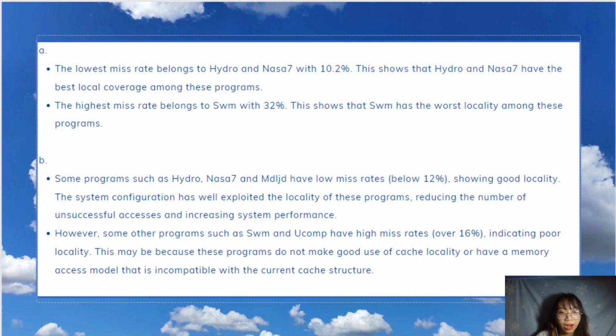However, some other programs such as the SWM and the UCOMP have a high miss rate over 16%, indicating poor locality. This may be because these programs do not make good use of cache locality or have a memory access pattern that is incompatible with the current cache structure.